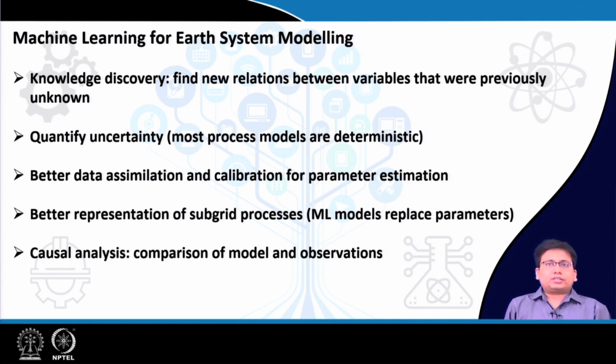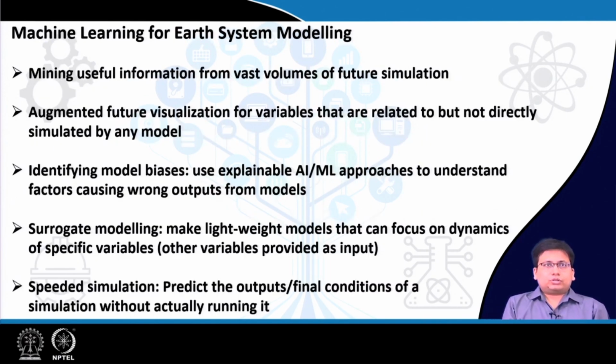So it is necessary that any earth system model should be able to preserve all the causal relations that are actually observed in real observations. We have already discussed the concept of causality and how machine learning can be used for causal inference and so on. So this is another way in which machine learning can help.